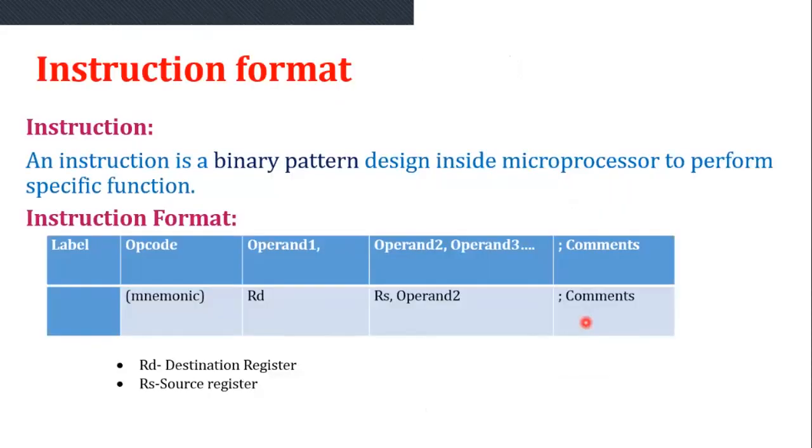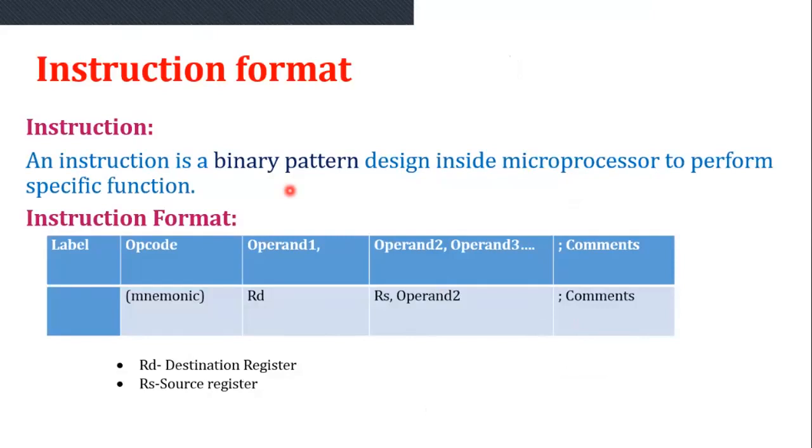Before going to that, first you should know the meaning of an instruction. An instruction is a binary pattern designed inside a microprocessor to perform a specific function. My system accepts and processes only zeros and ones, binary code.